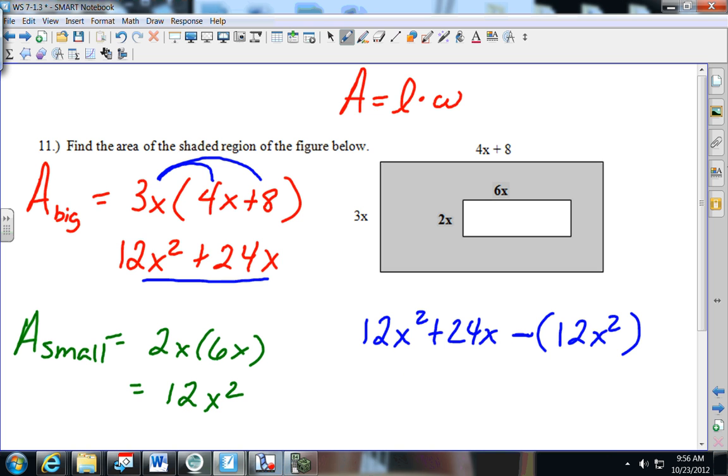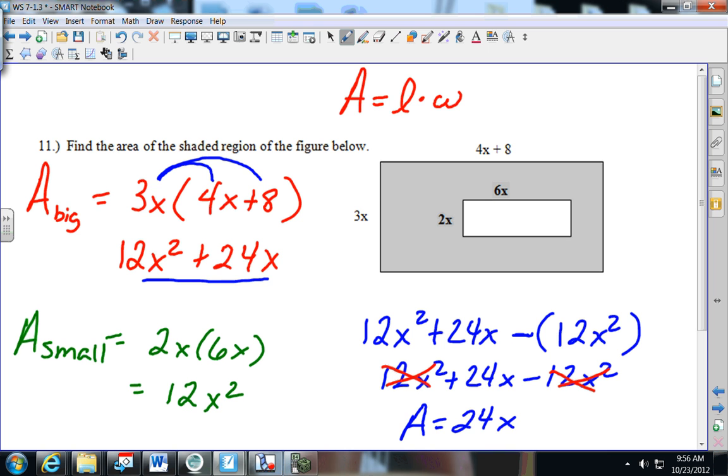When you do that, you get 12x squared plus 24x minus 12x squared. Well, the x squareds cancel each other out and make 0. So the area of the shaded region is 24x.